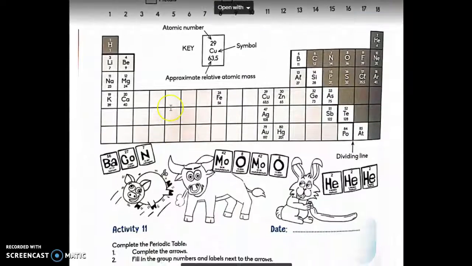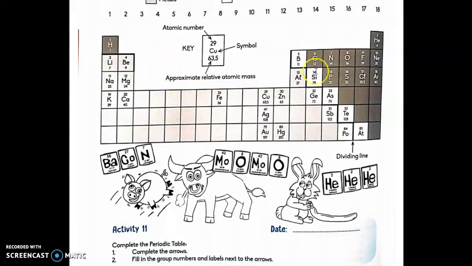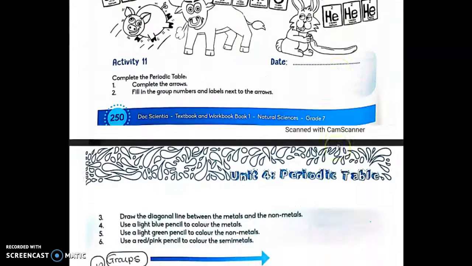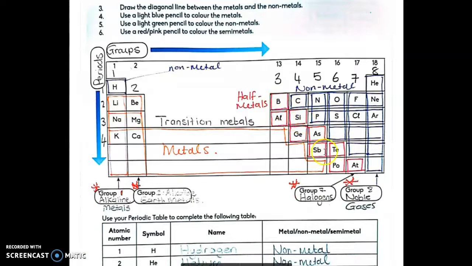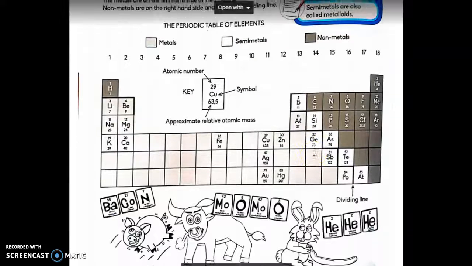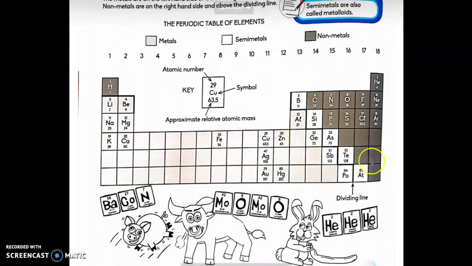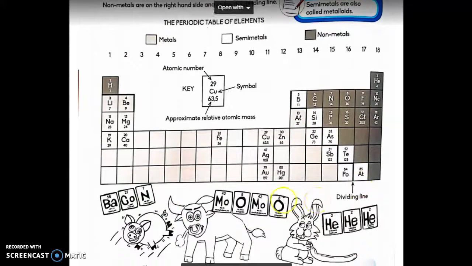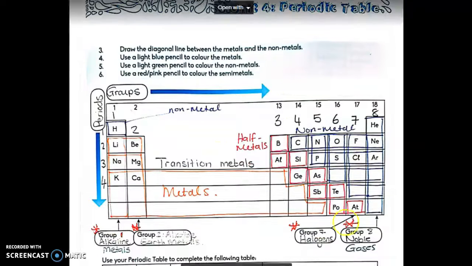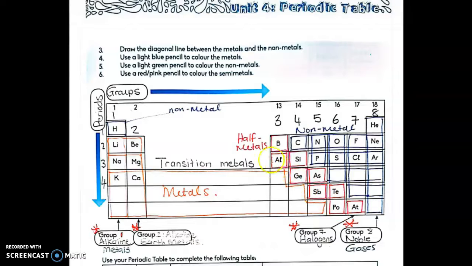I will look at this because this is marked wrong, as you can see. So rather work with this example than look at this. This is not right. This is all metals still.